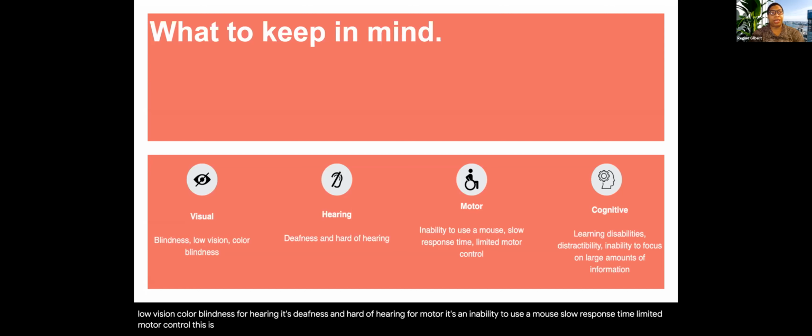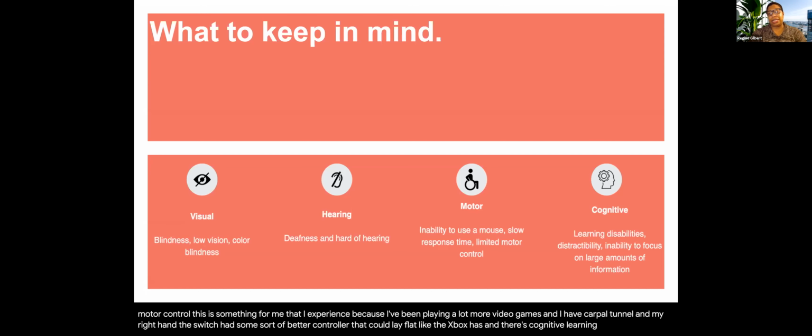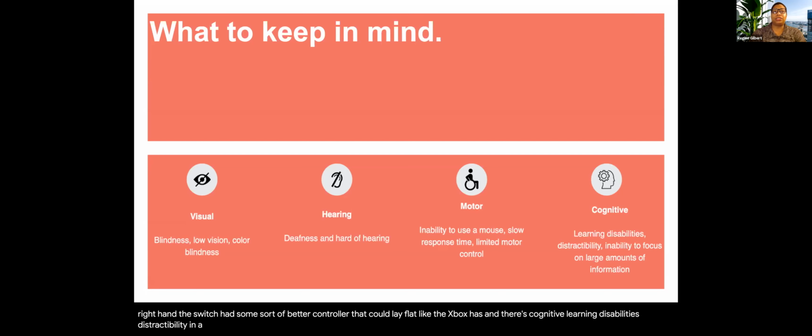This is something I experience because I've been playing a lot more video games and I have carpal tunnel in my right hand. And I am wishing that the Switch had some sort of better controller that could lay flat like the Xbox has. And there's cognitive: learning disabilities, distractibility, inability to focus on large amounts of information.